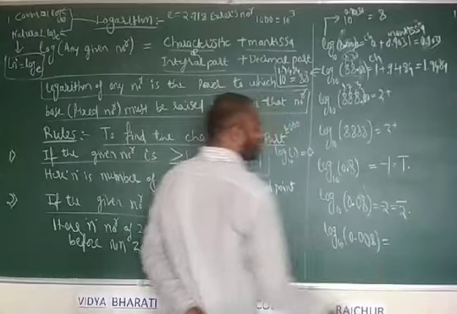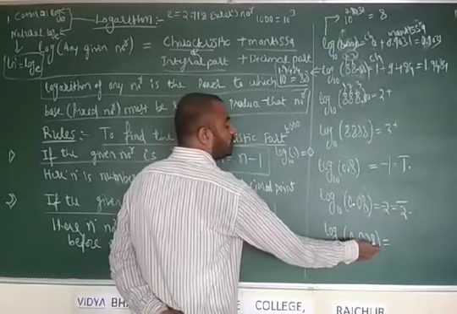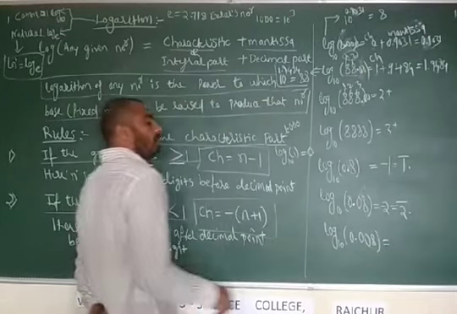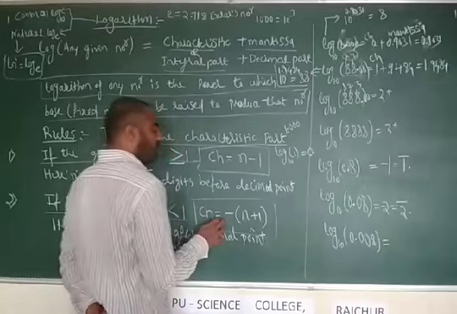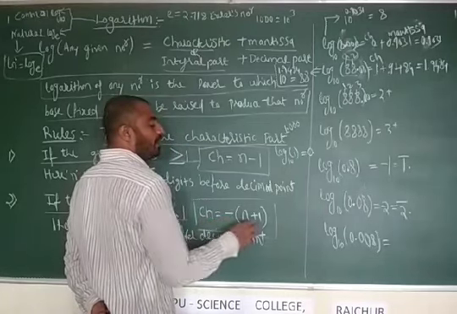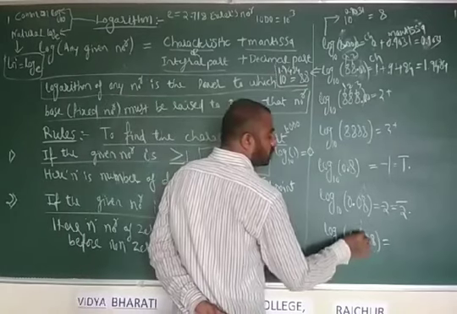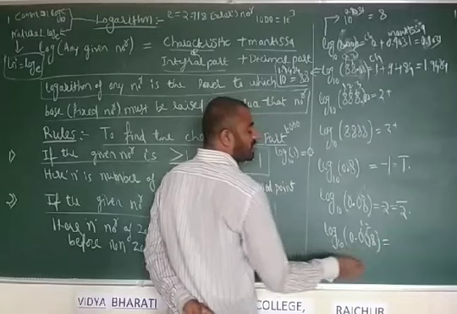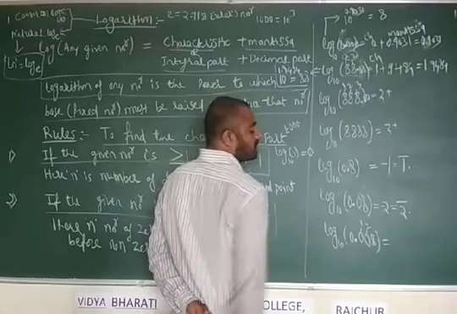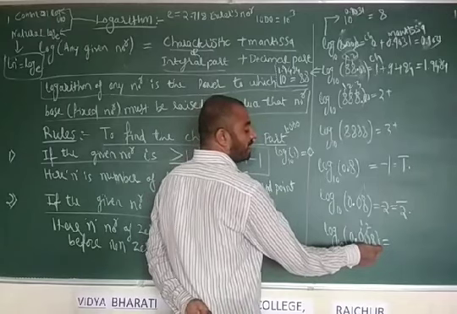Similarly, for this third example, the characteristic of 0.008, 0.008 is also less than 1. Then follow this rule to find its characteristic. Characteristic is equal to minus of n plus 1. What is n here? The number of zeros. How many zeros are there after this decimal point and before this non-zero digit? The non-zero digit here is 8.